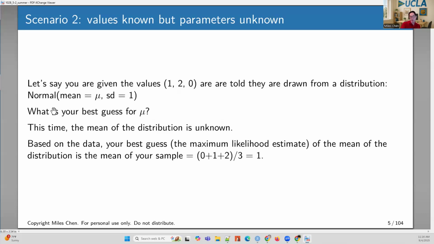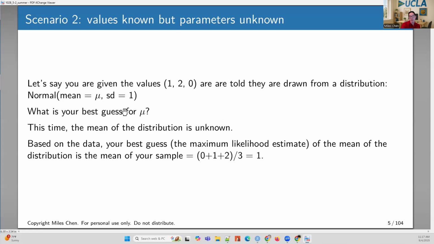Here's another scenario. This time you have all of the values, but a parameter is missing. So you have the values 1, 2, and 0, and you're told they're coming from a distribution, but the mean of this distribution is unknown. What is your best guess for mu in this case?